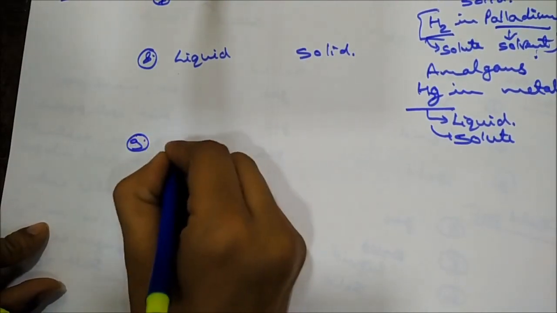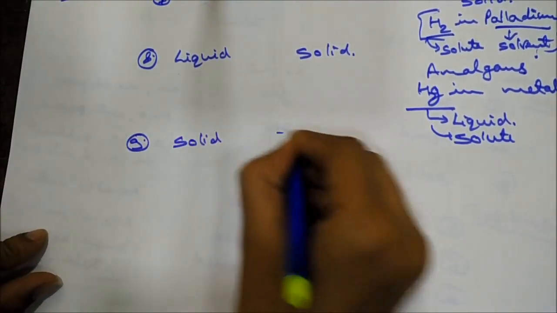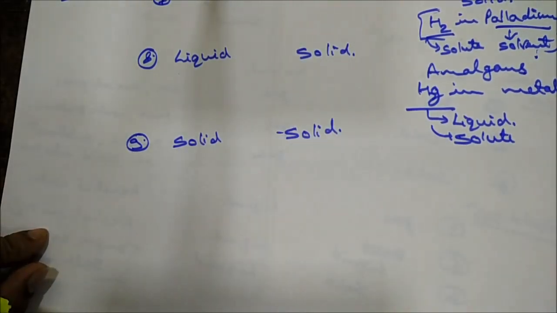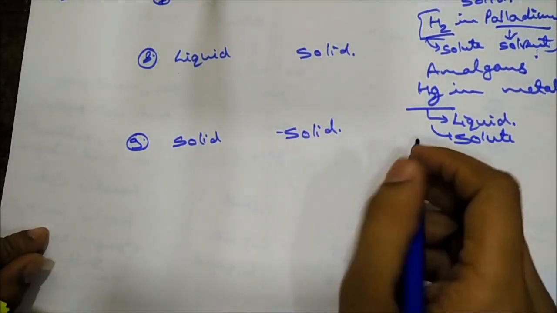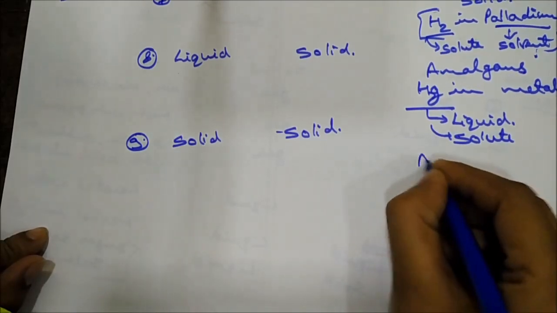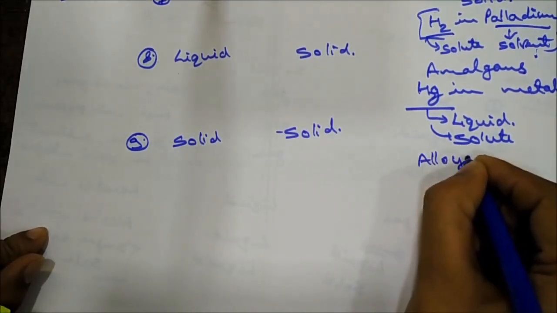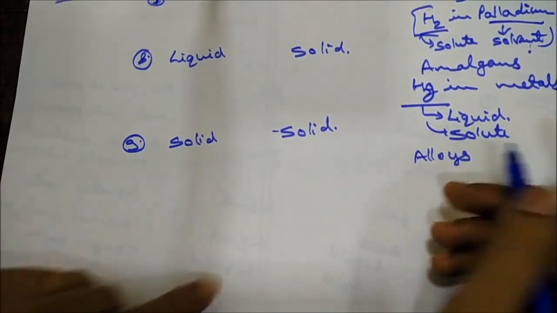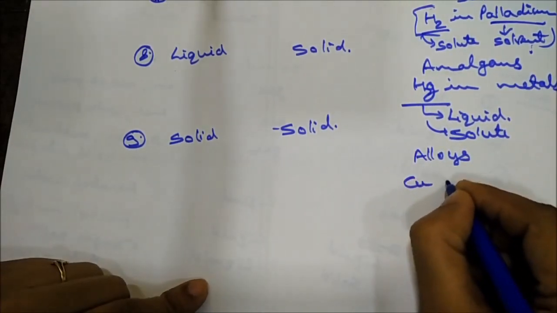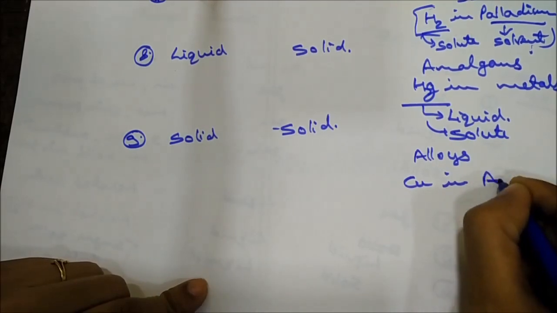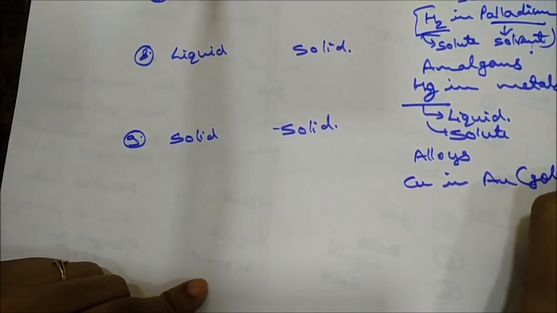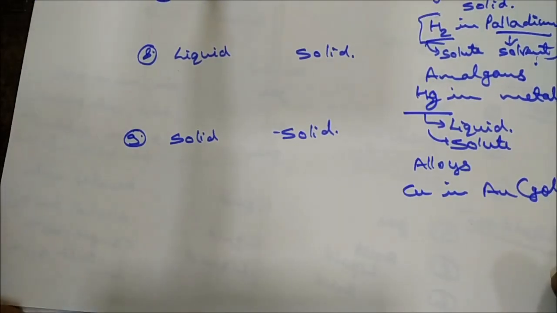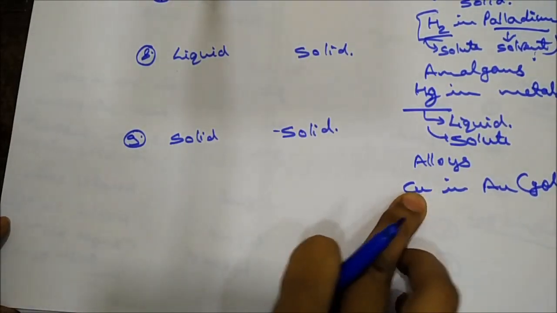The next is solid into solid. Here our solute and solvent both are solids. The example is alloys, the best example is mixing of copper in gold. When we make jewelry, we add some impurities of copper in that.